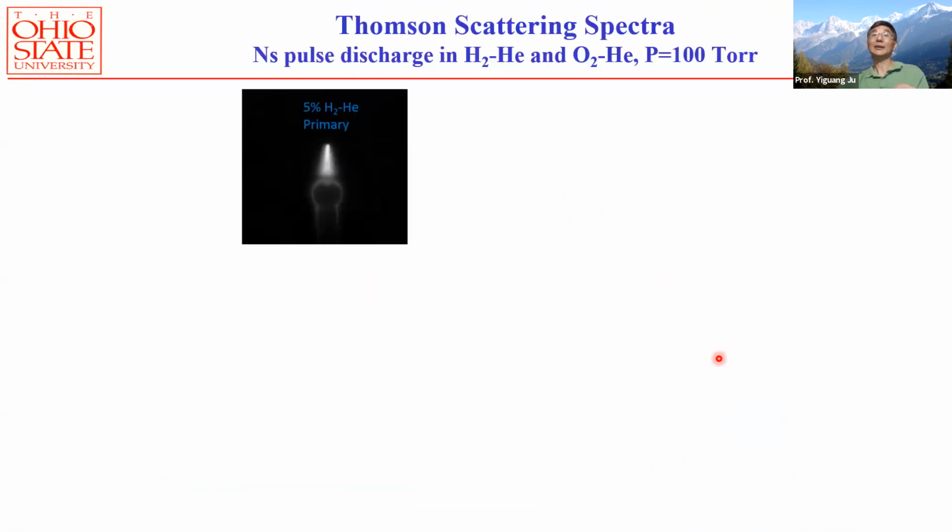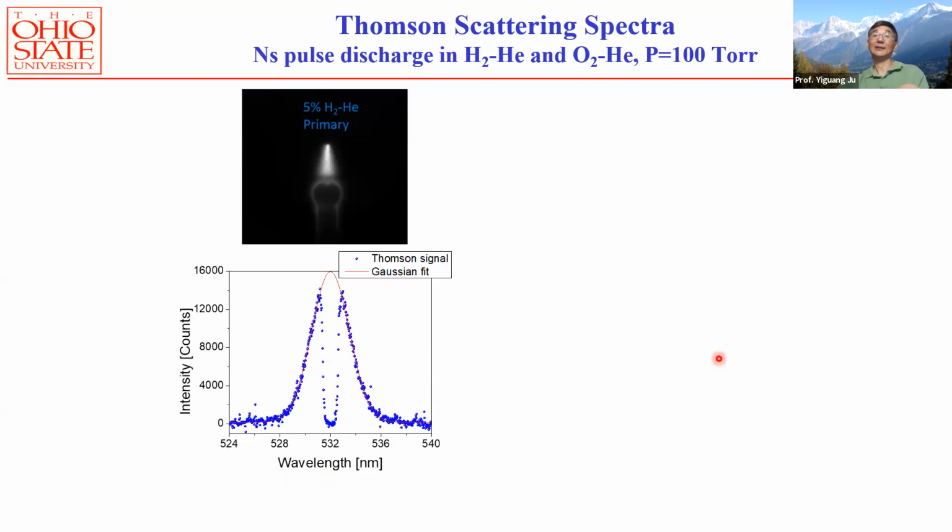By taking the ratio of the Thomson scattering with the Raman scattering, you measure the electron number density. So here is the result with 5% of hydrogen in helium, and this is the signal we measured. The broadening indicates the temperature of the electrons and the area indicates the number density. He measured an electron temperature of about 2.0 eV and an electron number density of 10 to the 14th. That is quite high for electron number density because it's helium.